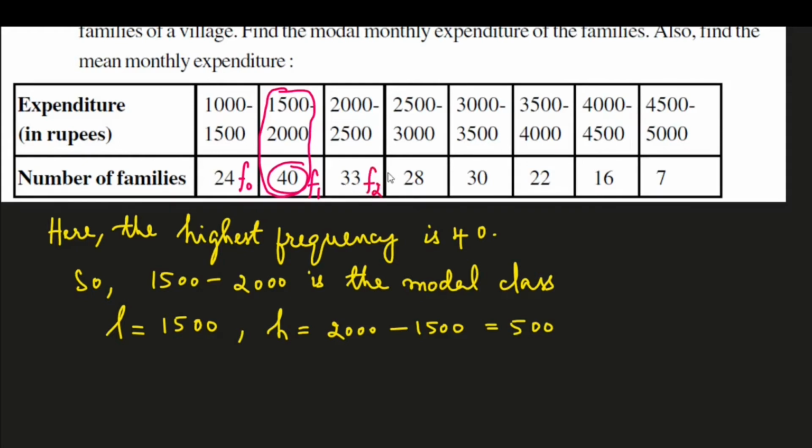F2 is the frequency of the class interval succeeding the modal class. So here F1 is 40, F0 is 24, F2 is 33. Now what is the formula for mode?